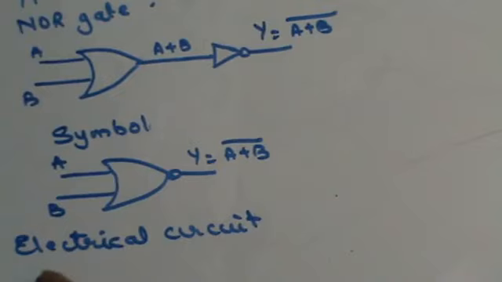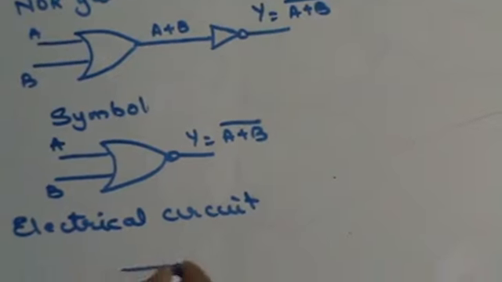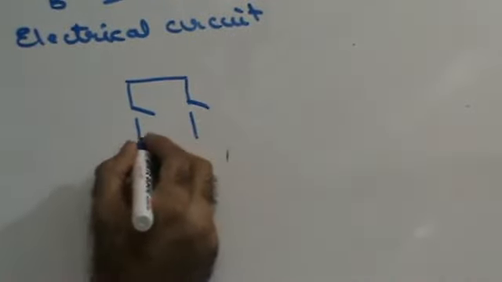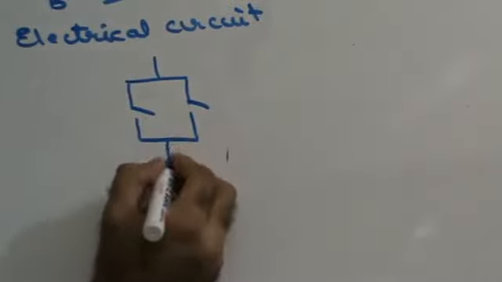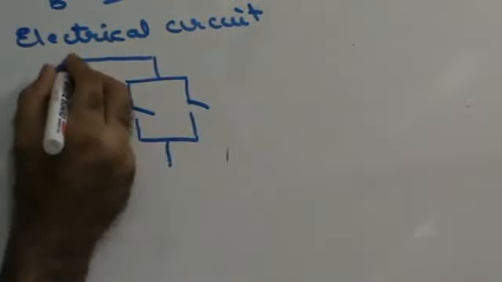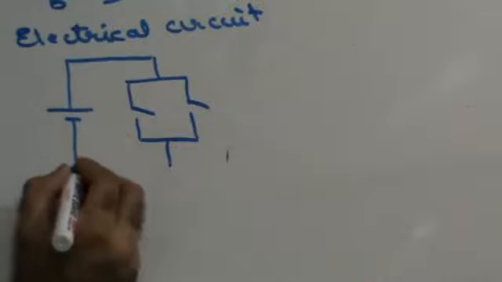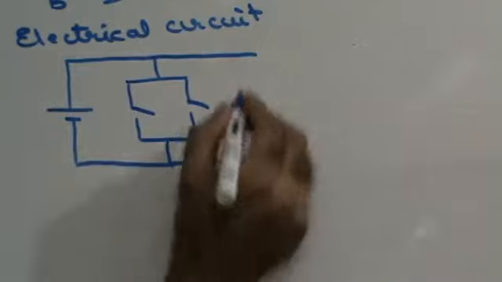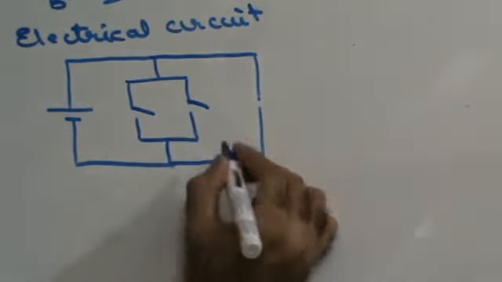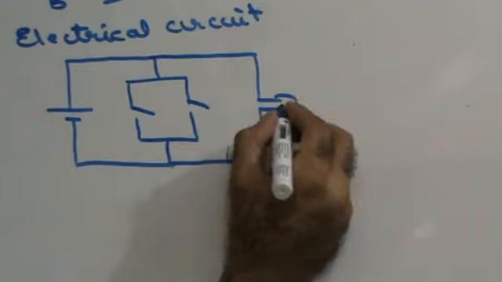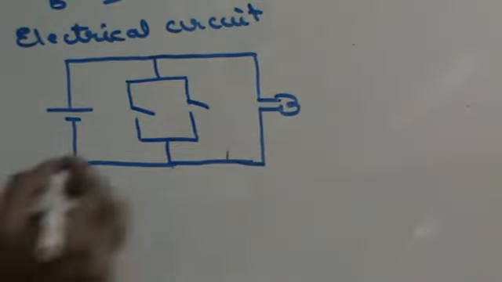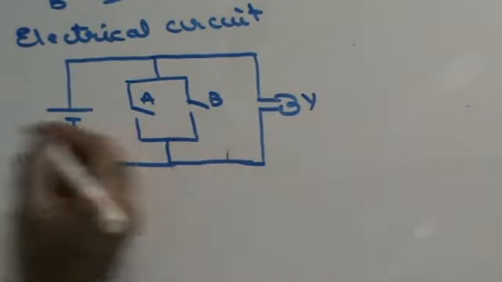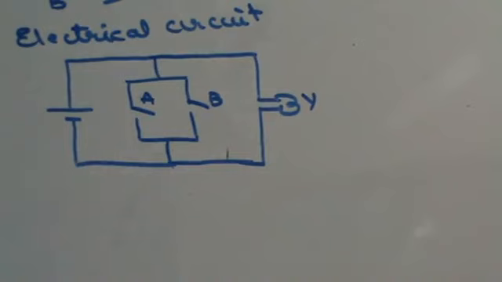Electrical circuit is made up of your NOR gate. This is A, this is B, this is Y. That's your electrical circuit for NOR gate.